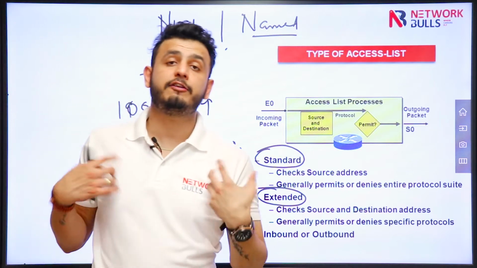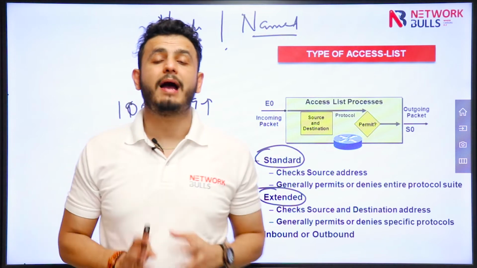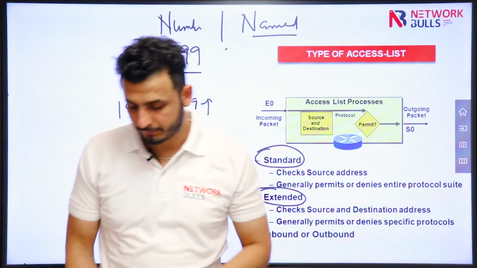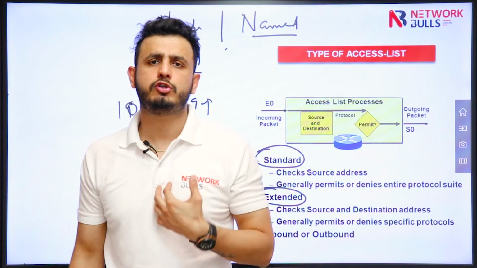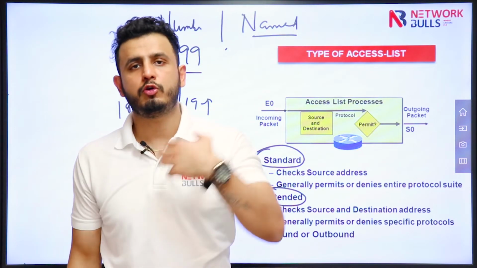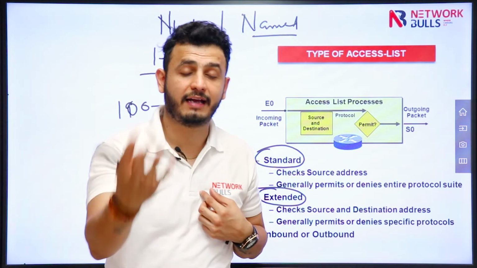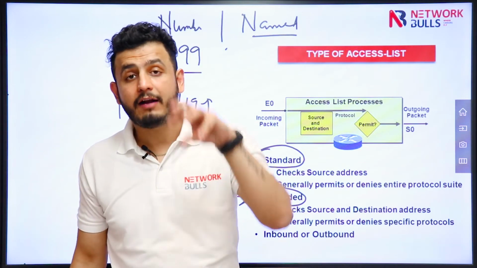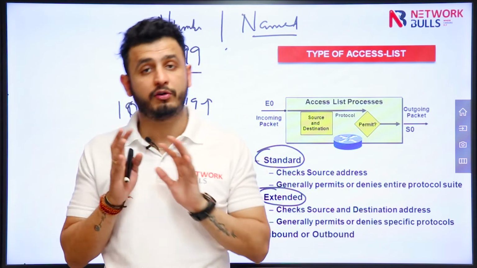Now, what is the difference between standard and extended ACL? Standard ACL will only match the source address in the packet. Let me give you an example. Let's say I am communicating with you. My name is Piyush, your name is X. So Piyush is communicating with X. So source IP is Piyush, destination is X. So my IOS can only take action on the basis of source address.